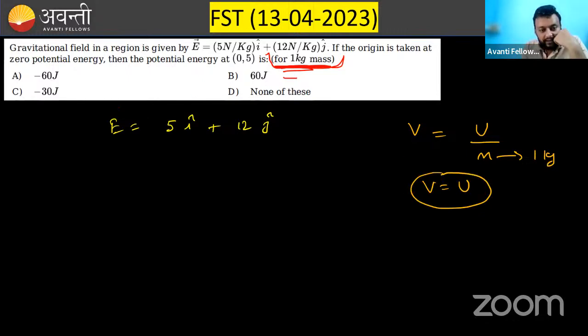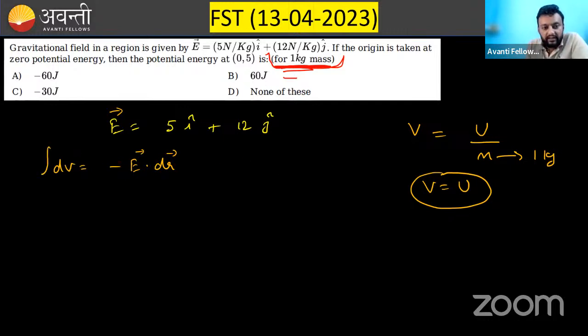So from the field, if field is given, we can calculate gravitational potential, and that gravitational potential will be equals to U. So what I am saying, delta V or dV is equals to, we have studied it, minus E dot dr. I think this relation you remember.